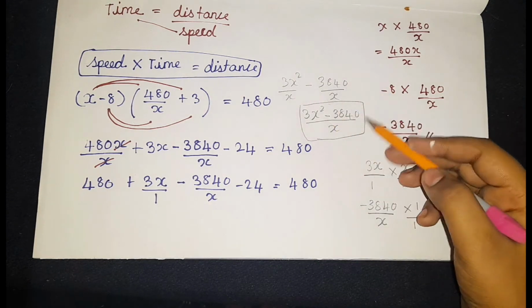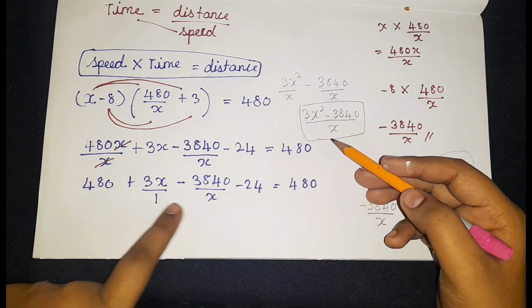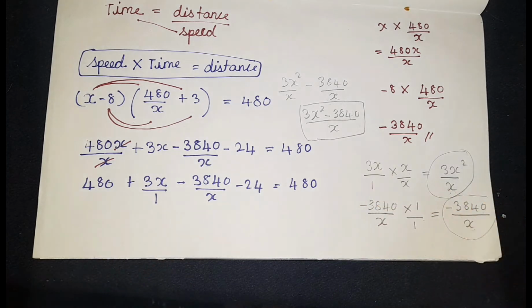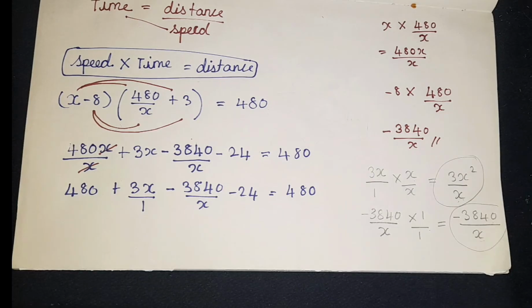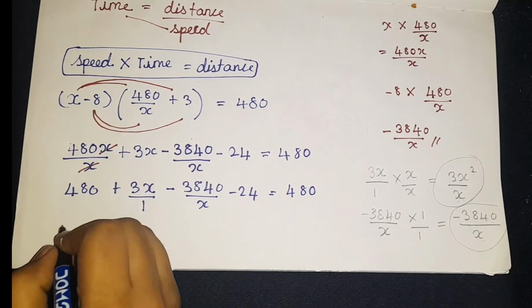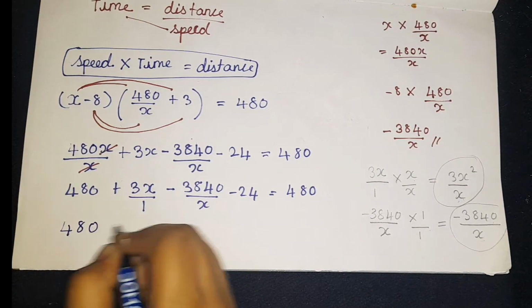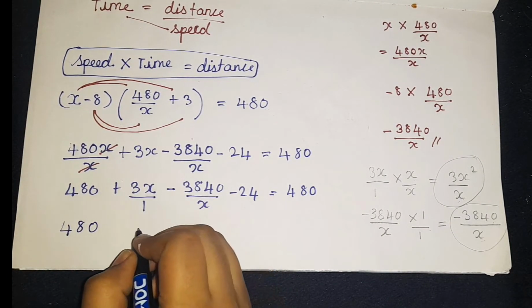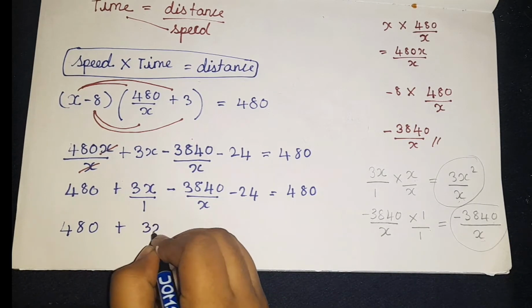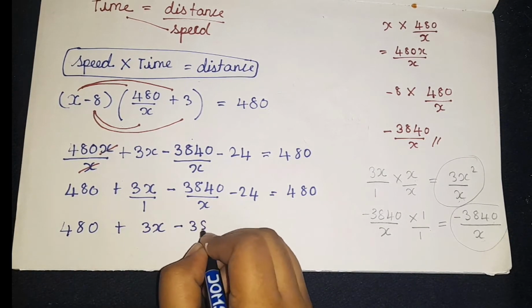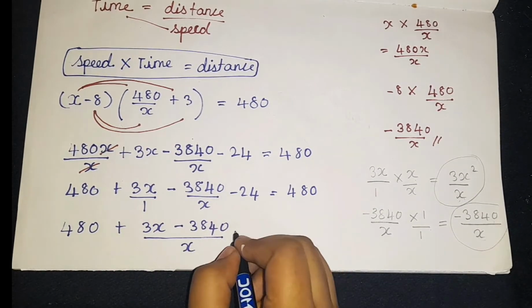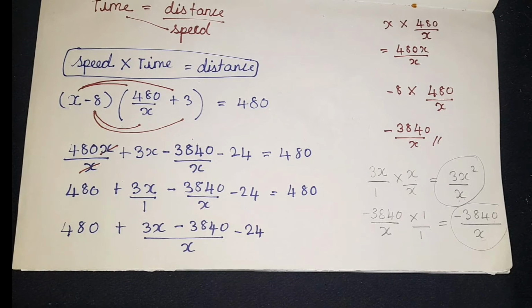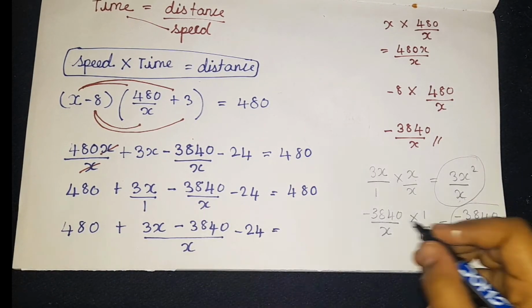So we are going to be writing this one right over here. Why? Because after doing the LCM method, we got this one as the answer. So as you guys know, after doing the LCM, first of all let's write 480, and then we got plus 3x minus 3840 divided by x, and then minus 24 as it is, and then is equal to 480.